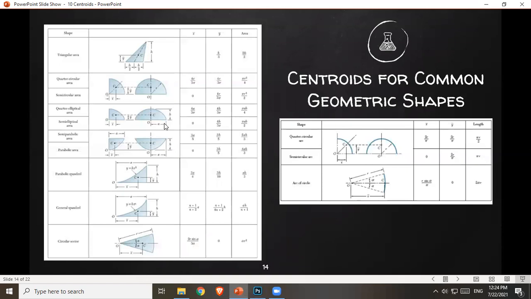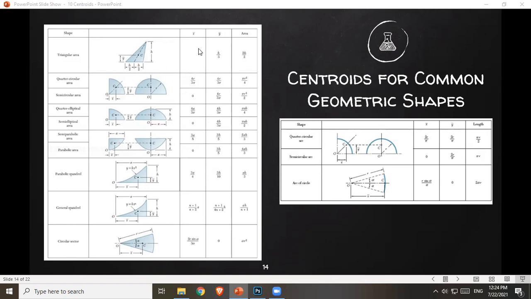Your equations. So we have your basic shapes and lines, and then we have equations for their x bar and y bar, and then their equation for their area. So for example, if you have a triangle, okay, and then you have a reference axis.